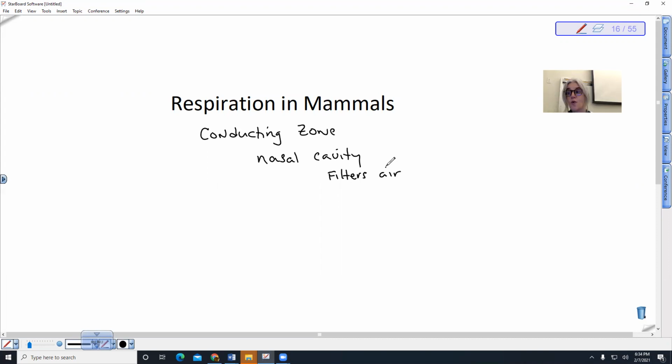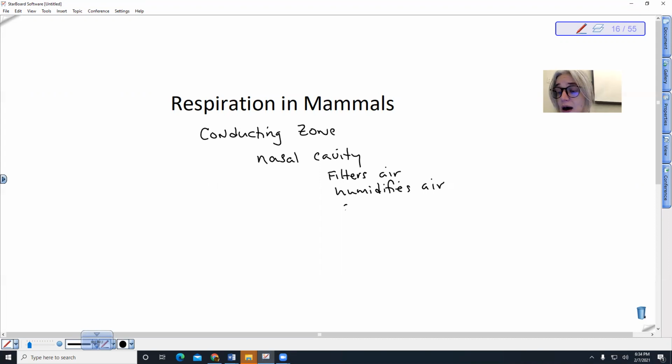You know this if you've ever worked in a dusty environment, that the mucus and the hairs, you get boogers, right? That's filtering that. If I'm a mouth breather, then I'm going to get all that dust into my lungs, and that would be a very bad thing, right? So it filters air, it humidifies air, okay?